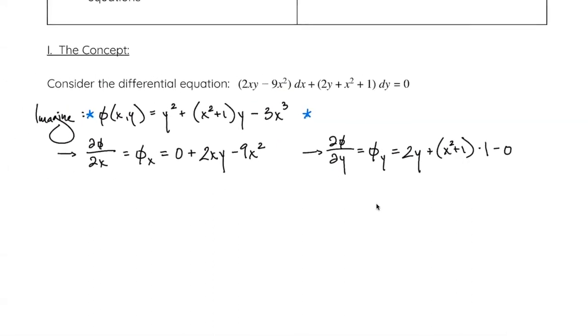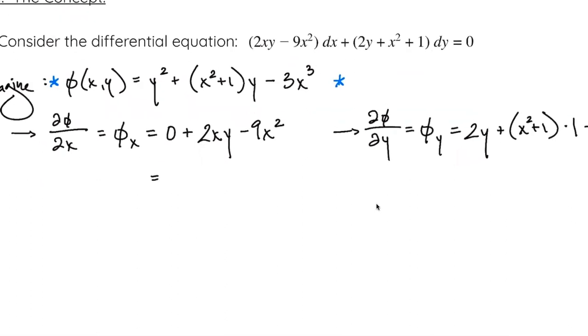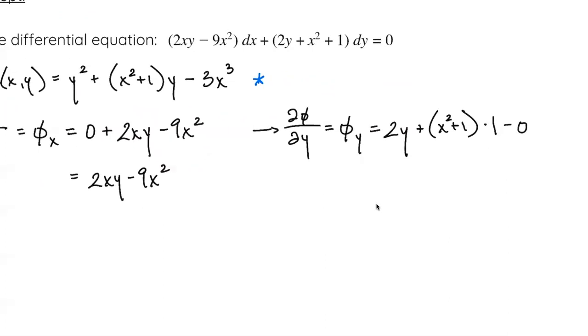So let's go ahead and clean these up for a moment. I wrote some extra numbers we don't need, like the zeros and the ones. Okay, let's see what we get. We get partial phi partial x equals 2xy minus 9x squared. And we get partial phi partial y as 2y plus x squared plus 1.